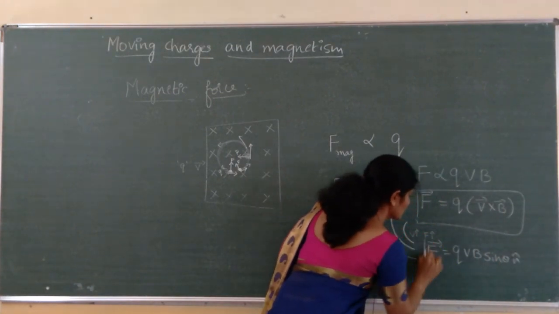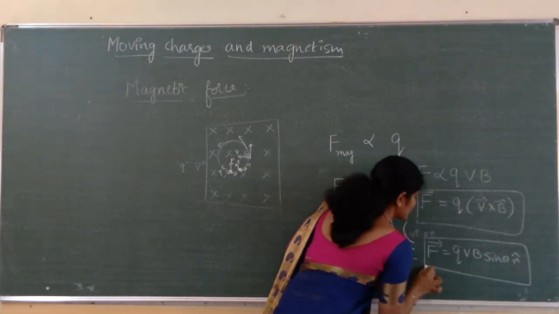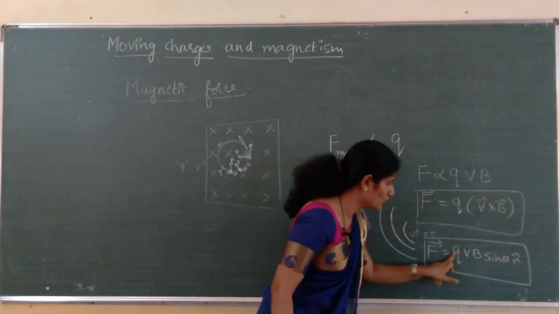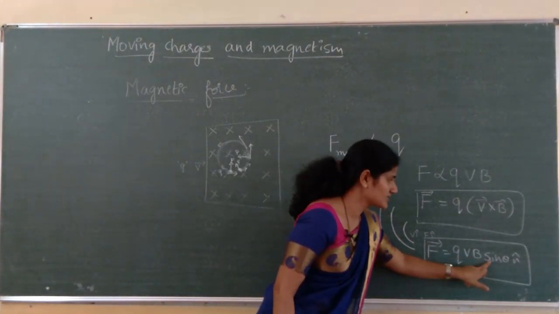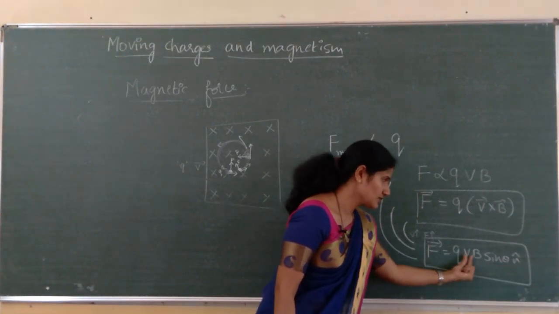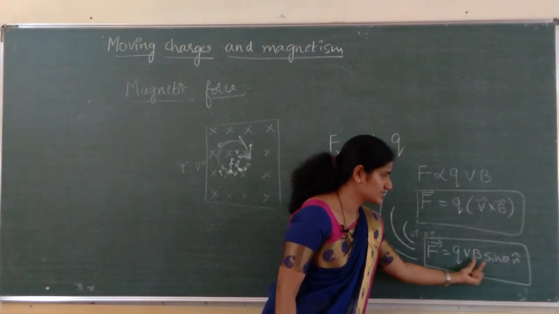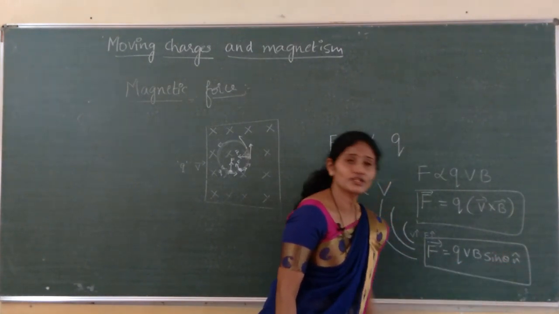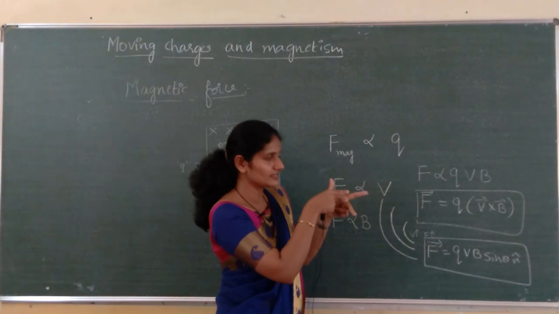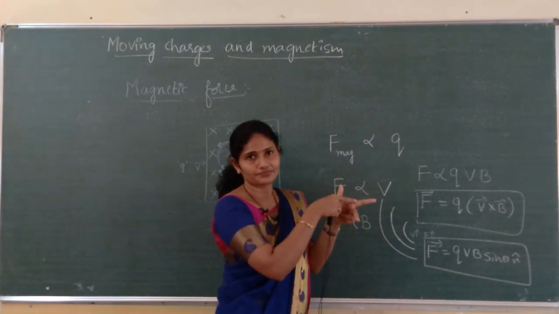n cap is a unit vector. So, this is the expression for magnetic force. Magnetic force F is equal to Q V B sin theta into n cap. Q is the charge, V is the velocity, B is the magnetic field, and theta is the angle between velocity and the magnetic field.